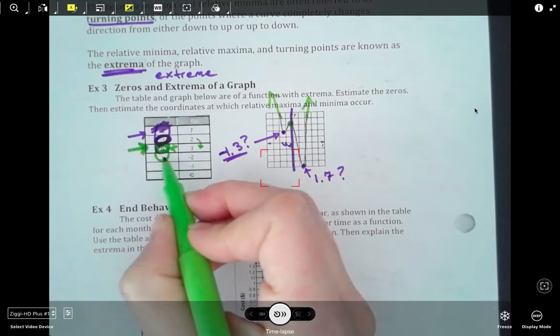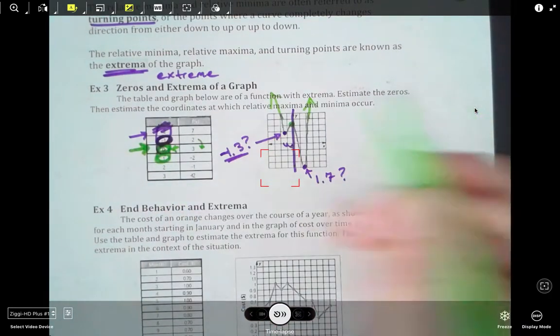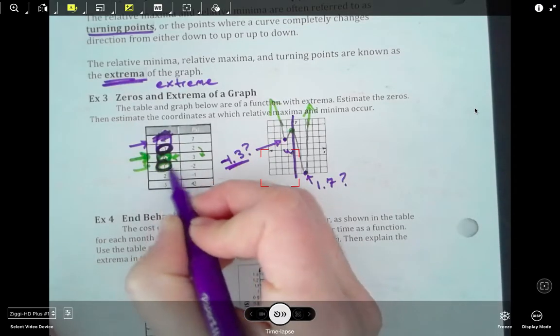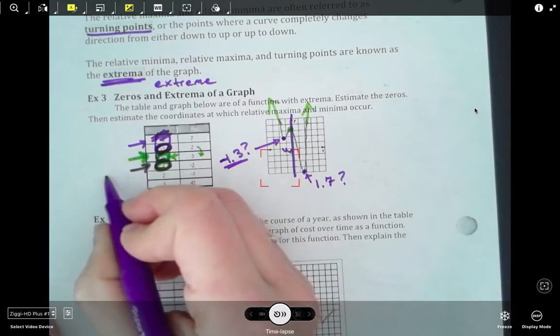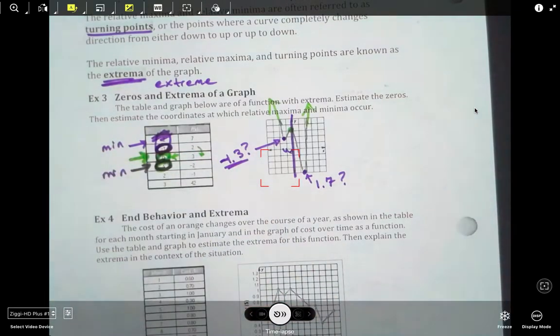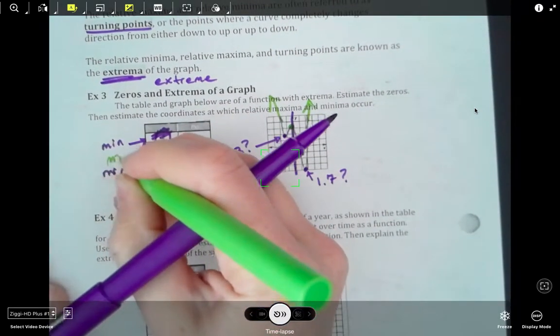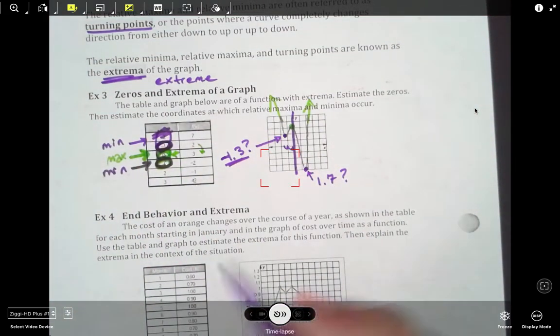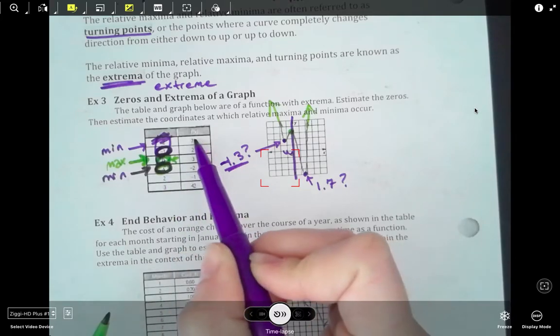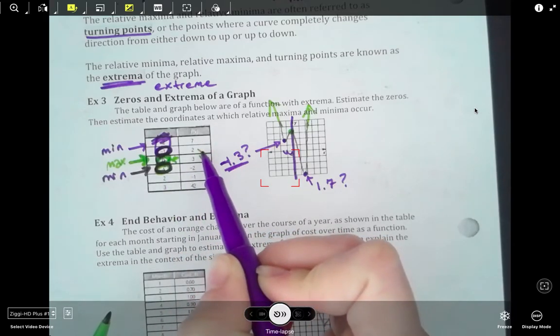So somewhere close to +1, it's going to turn around. Let me do purple. Somewhere around +1, it's going to turn around and go back up again. So a min here, and a maximum value there, okay? Because it's turning around at that point, from 7 to 2 it's going down, and then from 2 to 3 it's going back up.